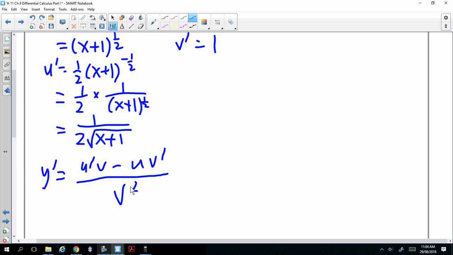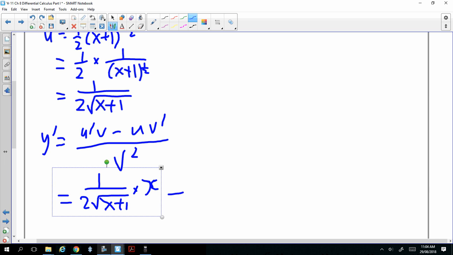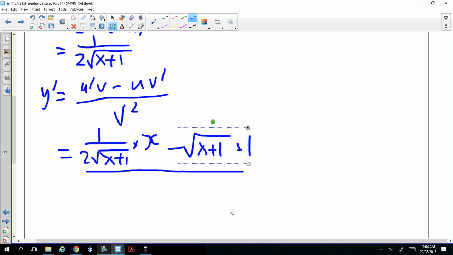It's this big thing times v, which is x, minus u, which is this square root thing, x plus 1, times v dash, which is 1, over the square of the denominator. Now the hard part is to learn how to simplify that.